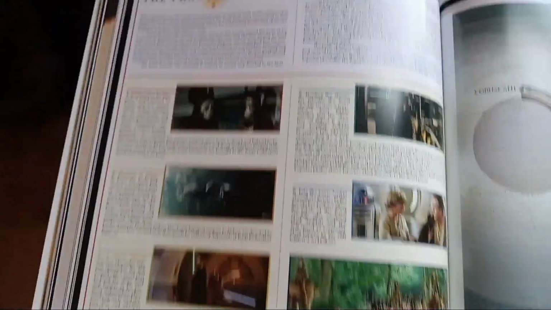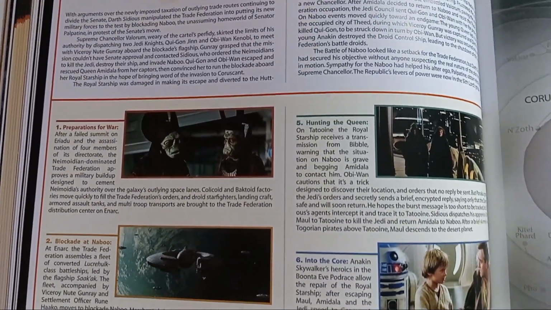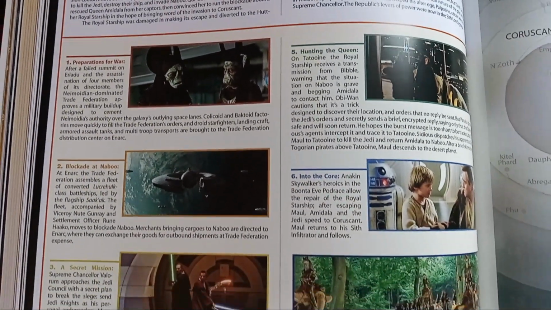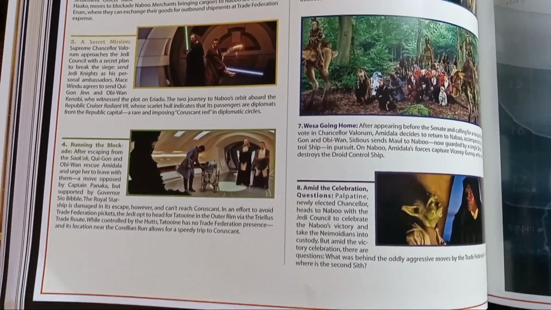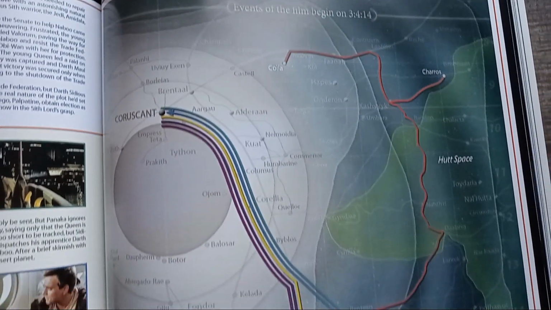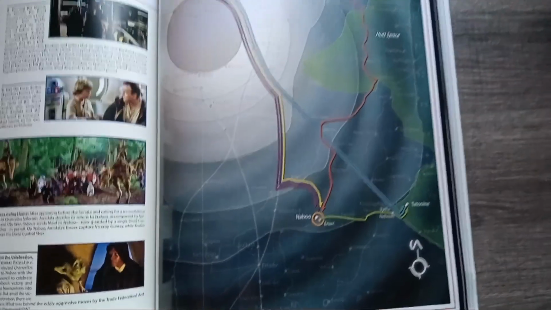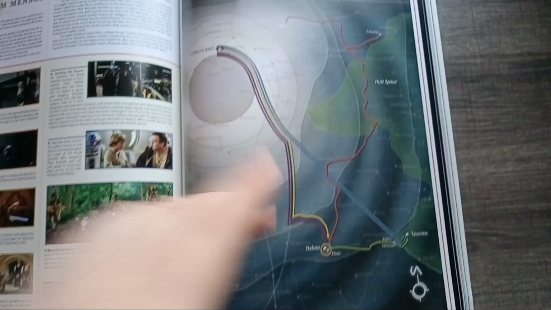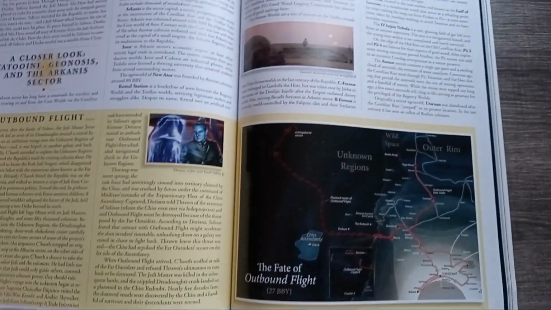Oh, then you get a bit of a Phantom Menace thing. You get a little kind of information on Phantom Menace, and then it shows kind of a map of the routes they take. Oh, very cool. Interesting. Oh, then you get something about outbound flight. That's cool. Tatooine, Geonosis, and the Arcanus sector.